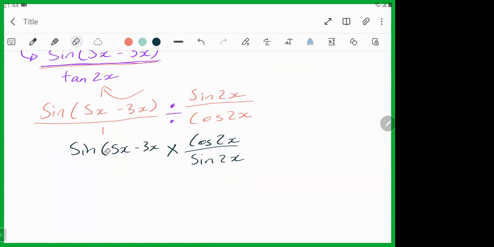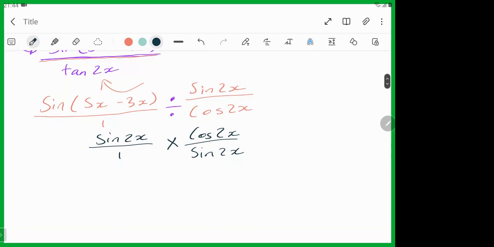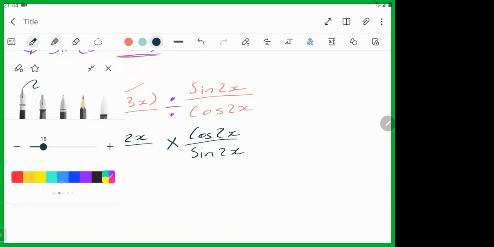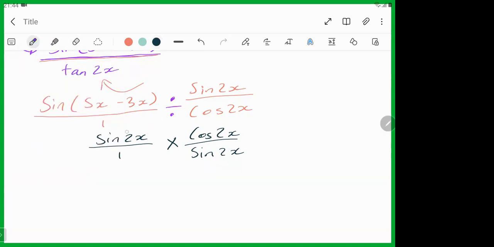And then let me make this a bit simpler because 5 minus 3 is 2 anyway, so why waste space writing all that again? From here, this is quite straightforward now because this can cancel that. And then you have cos 2x.